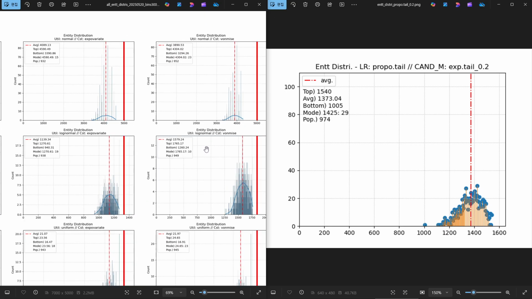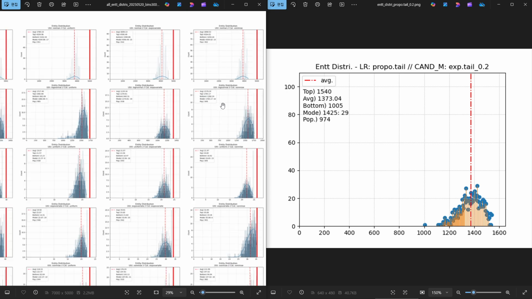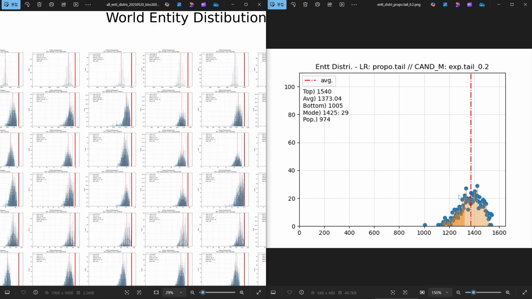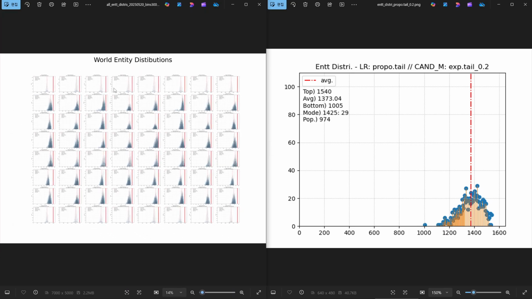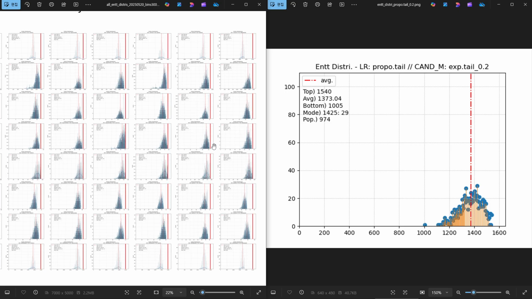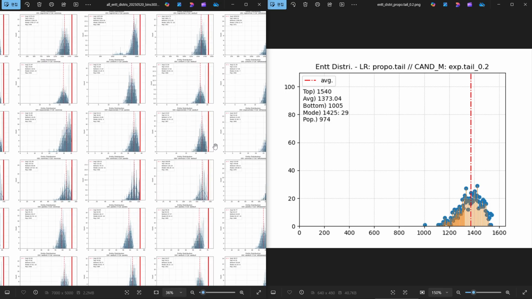and the purpose of having the world entity distributions from the general genetic algorithm was to see if I could see a similar shape of this distribution in these results. Because for the 50 items that were preset, they were kind of log normal in terms of distribution.